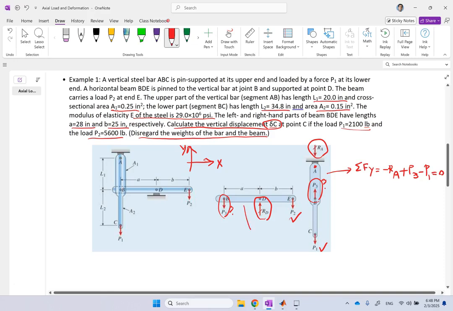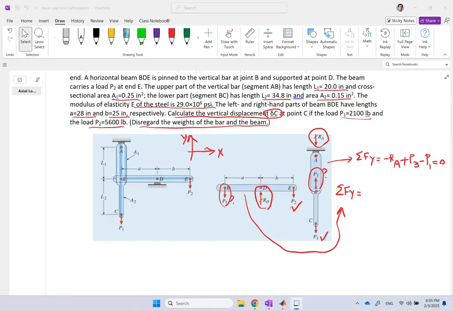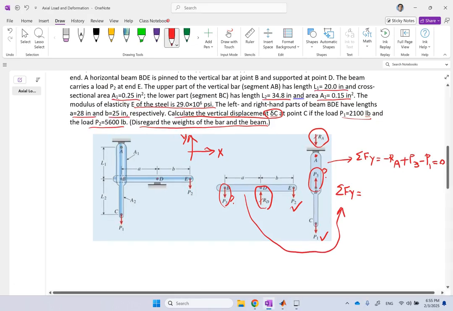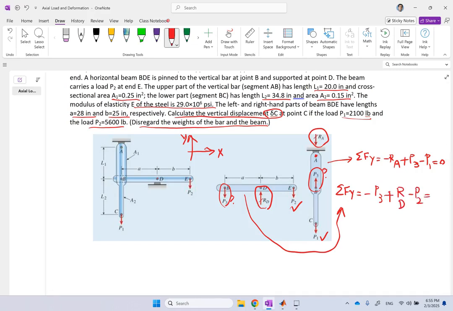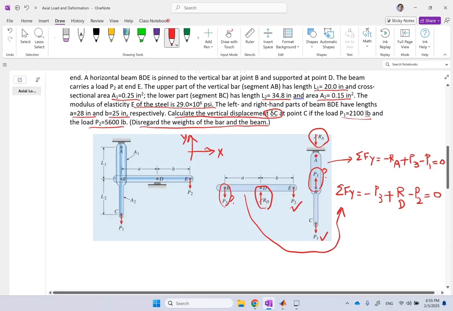For this one, a similar thing, sum Fy equals negative P3 plus RD minus P2 equals 0. So I got one more equation, but one extra unknown. Remember, P3 is unknown, RA is unknown, RD is unknown.